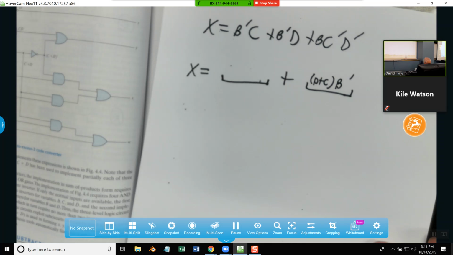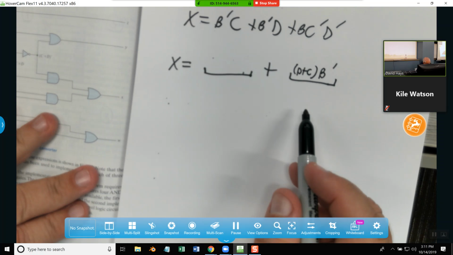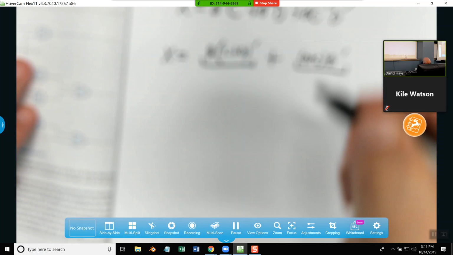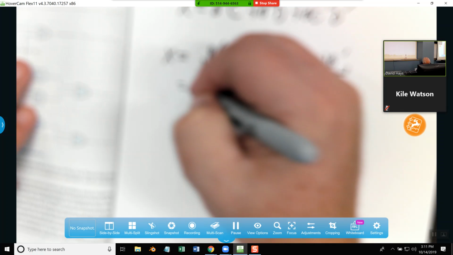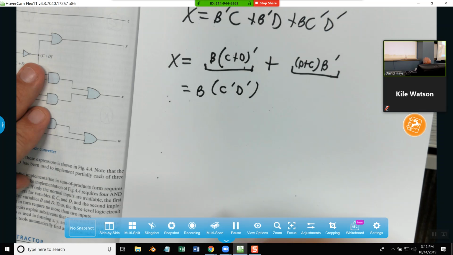Okay, so that would be C prime D prime from De Morgan's Law plus that'd be B prime D plus B prime C, which would be B C prime D prime plus B prime D plus B prime C, which is what they have.